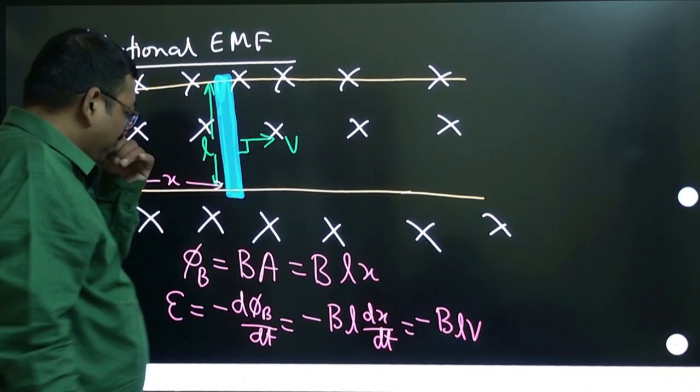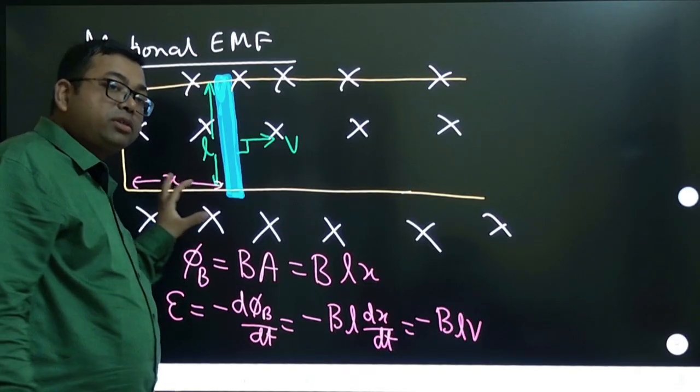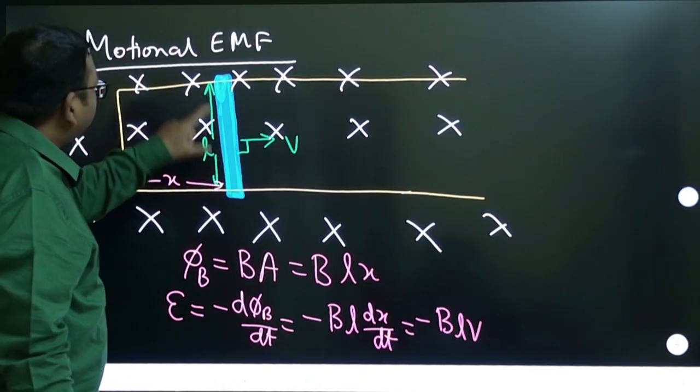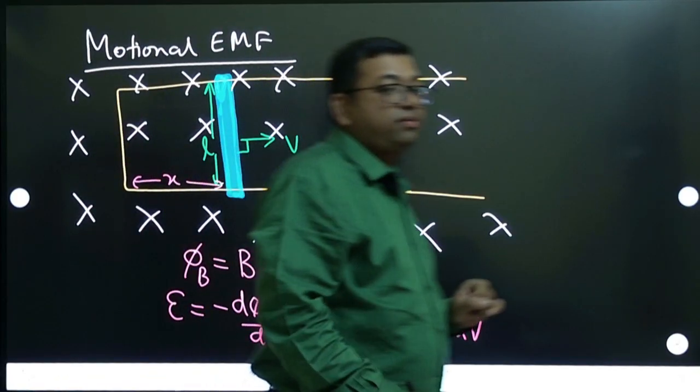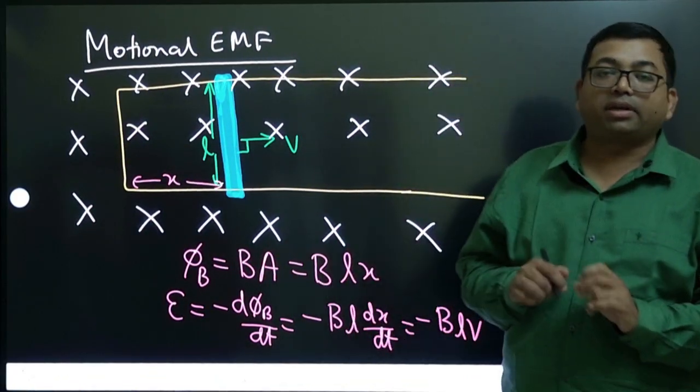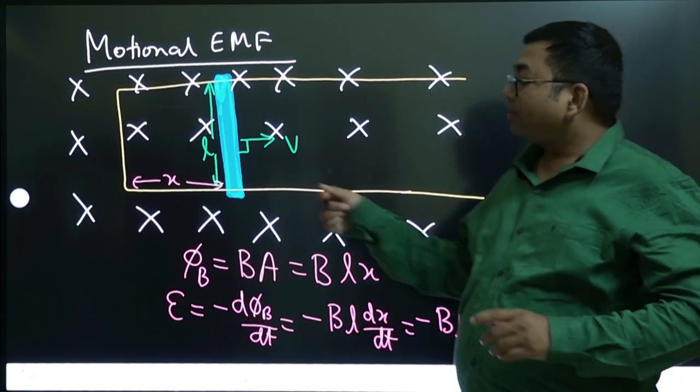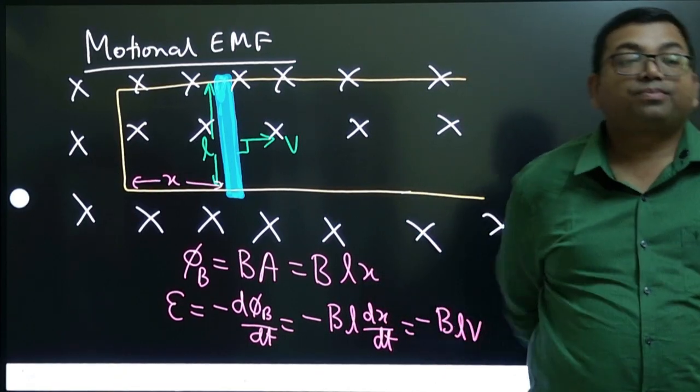Now here again the minus sign, how do we write it? You need to note what is the direction of current. First you need to figure out the direction of current. So can you tell me which direction current will be there?